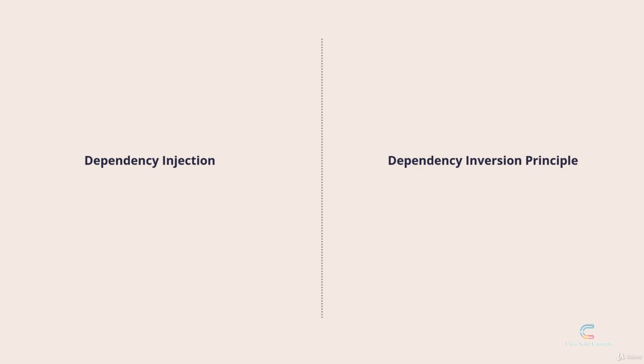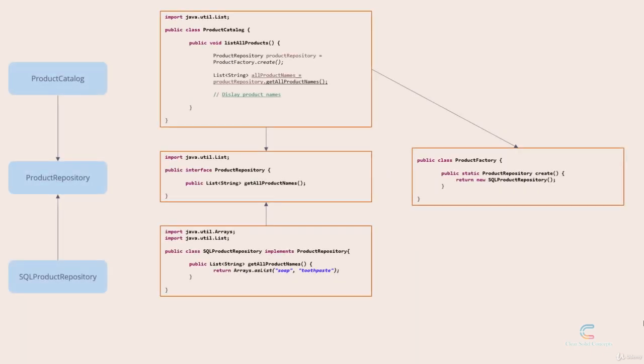In order to understand dependency injection, let's start from where we left off in the previous session. As you can see, we use the factory method in order to get an instance of the SQL product repository object.